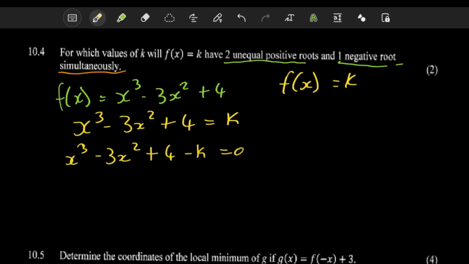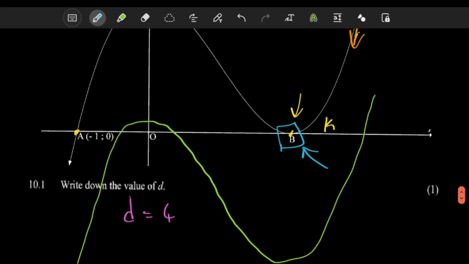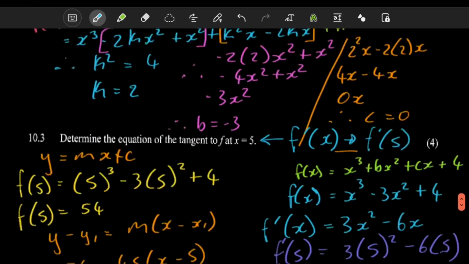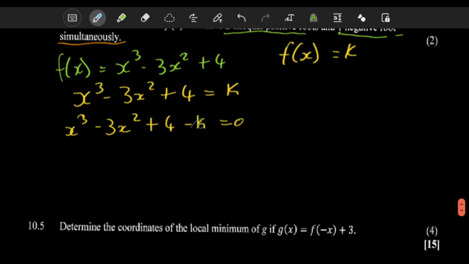So the idea is, we know that we have to move the graph downwards, and it can only be moved a maximum of 4 units. So the effect of us moving the graph downwards is us having positive k values.